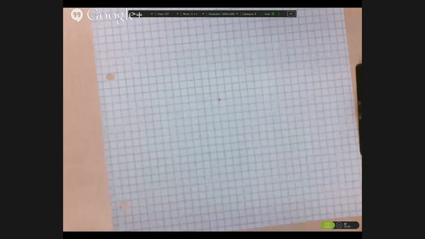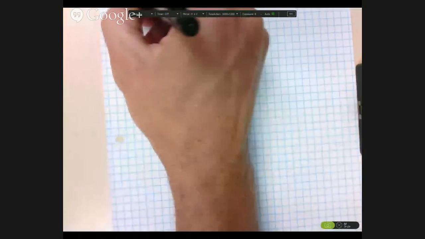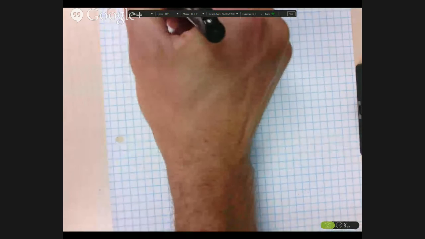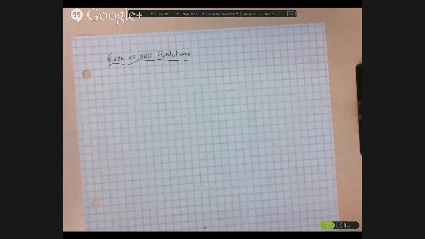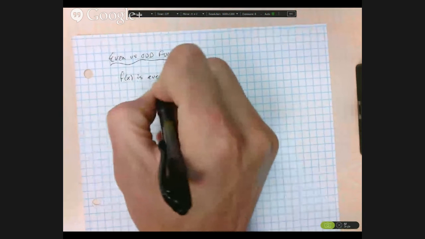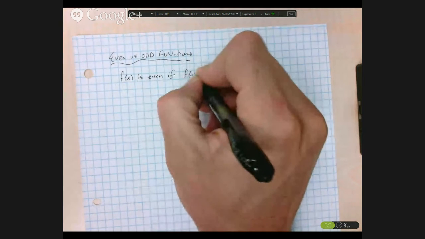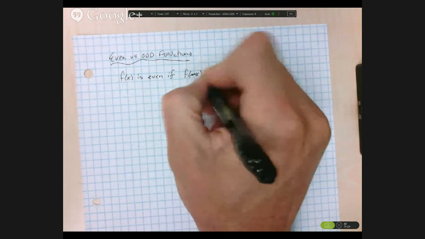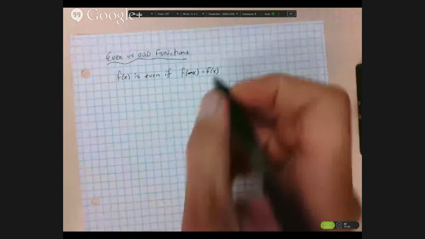There's one more thing to talk about here, and that is even and odd functions. Okay, and this has to do with symmetry. F is even if f of negative x equals f of x.